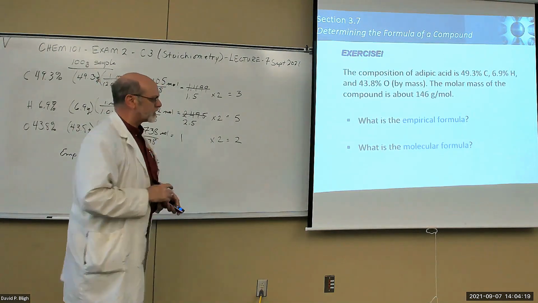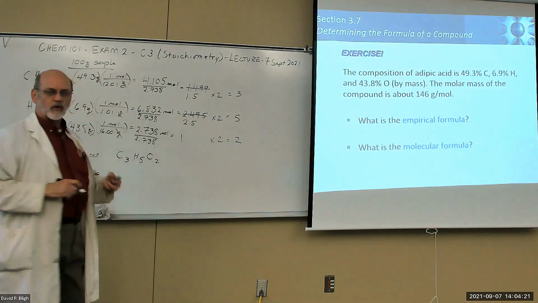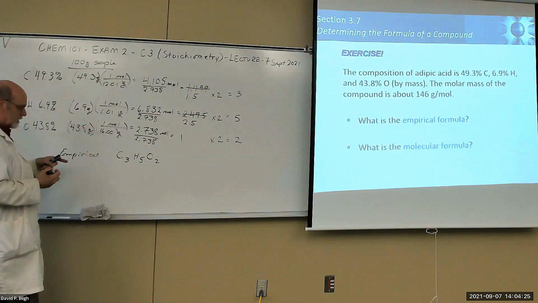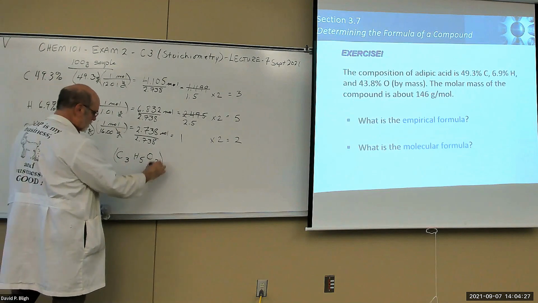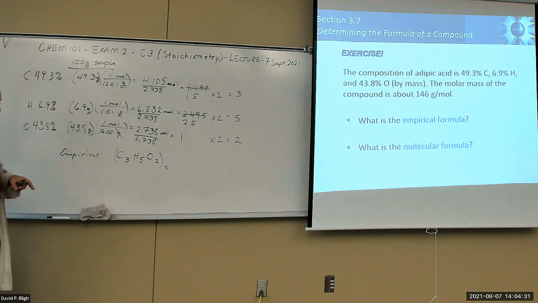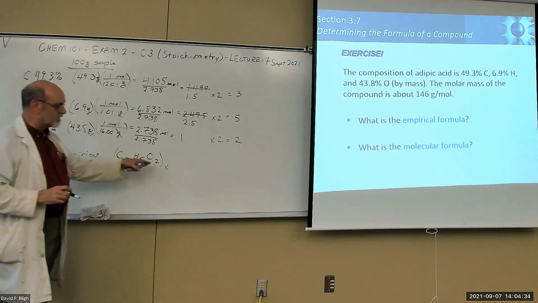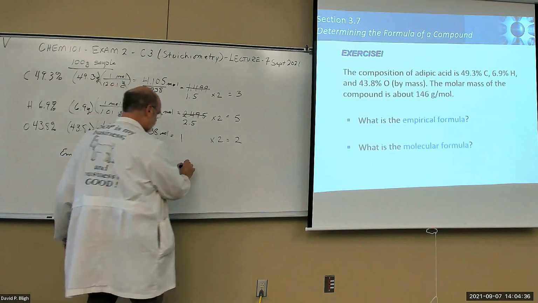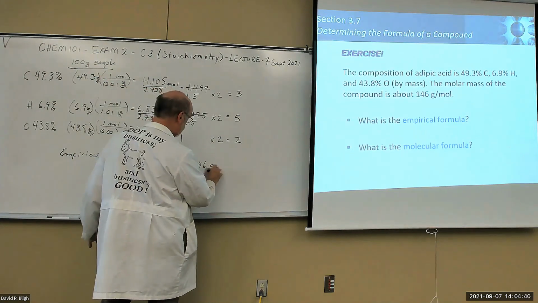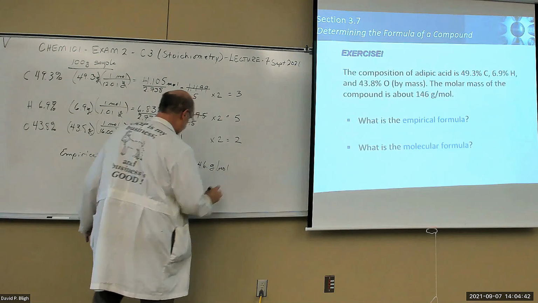Okay, so we're given 146 grams per mole of the actual compound. So what does that mean? Well, that means we've got a multiplier here. And that multiplier will lead us to 146 grams per mole.